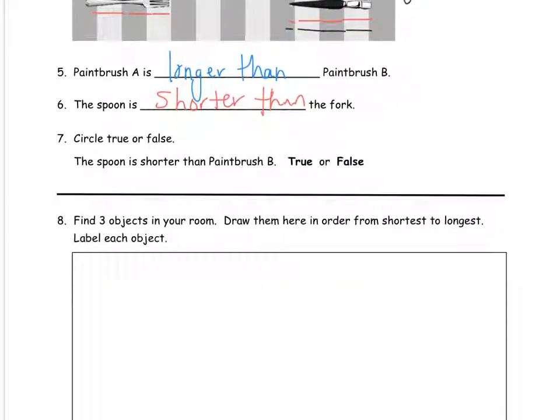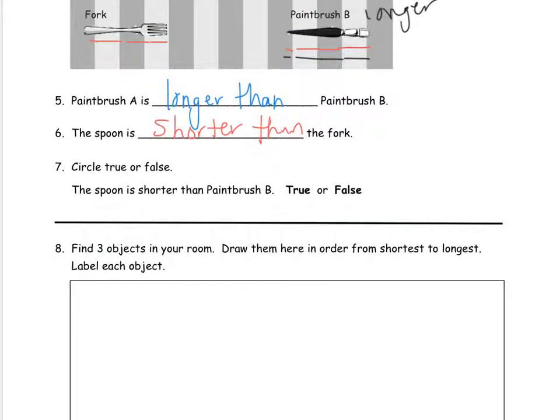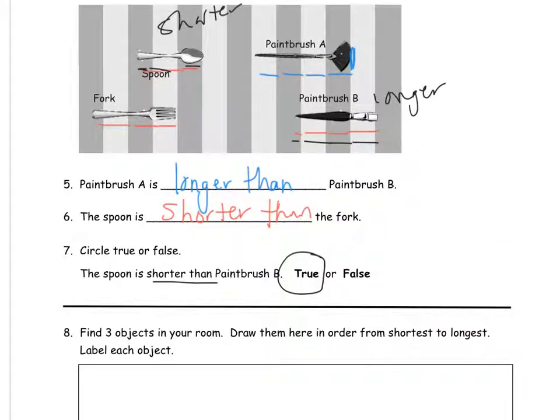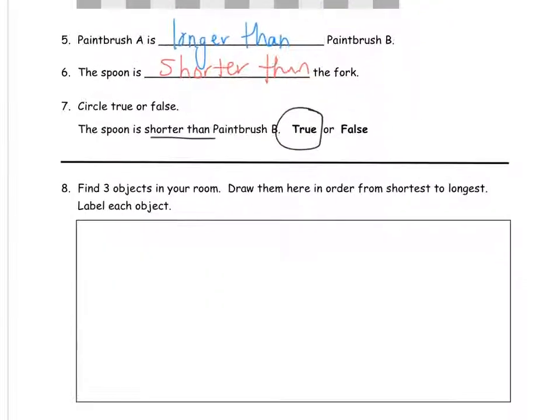So when I go to write my statement, the spoon is shorter than paintbrush B. That's true, because I know the spoon is only 2.5 or so, and the paintbrush is over 3.